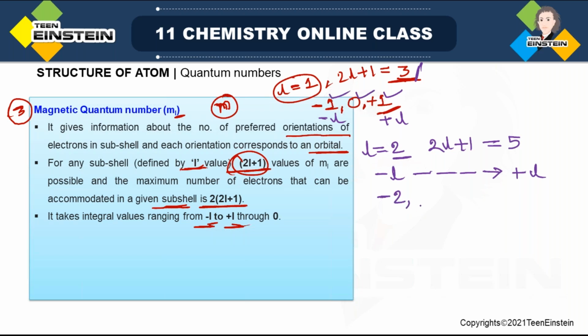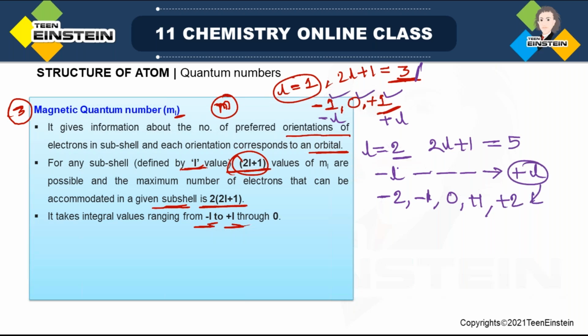Now from minus 2, the next value you get by simply adding plus 1. So minus 2 plus 1 is basically minus 1. Then again add plus 1 with minus 1, it will give you 0. Again add plus 1 with 0, you will get plus 1. Then add plus 1 again, it will be plus 2. Now you have already reached the limit, which is plus l.